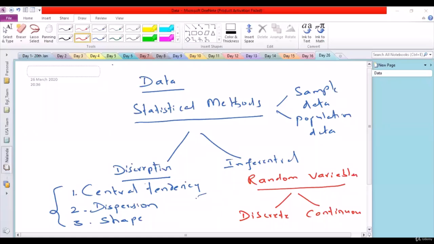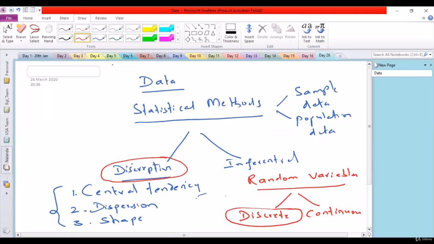So why I wanted to write it in this fashion is many people get confused with this term and they think this and this more or less the same. They are not same. I wanted to tell you that. Okay, descriptive statistics is different. Inferential statistics is different. Okay, within the inferential statistics, when we talk about the random variables, inferential statistics is all about population.